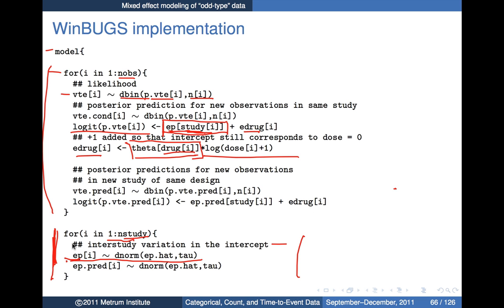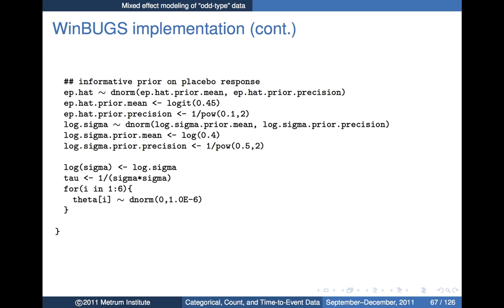Okay, so that's really the core of the model, and in fact that's pretty much everything we need to do the inferences on that, except for the priors, which I haven't shown you yet. Actually, why don't we jump to the priors and come back to the other stuff. Recall I mentioned that we were going to do informative priors for the placebo response, so that's what this first set of lines is.